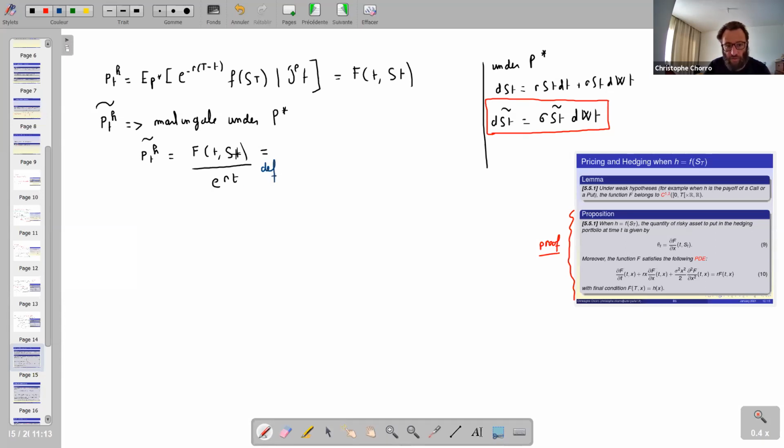So it's a definition. I define this quantity as F tilde of T and S_T tilde.